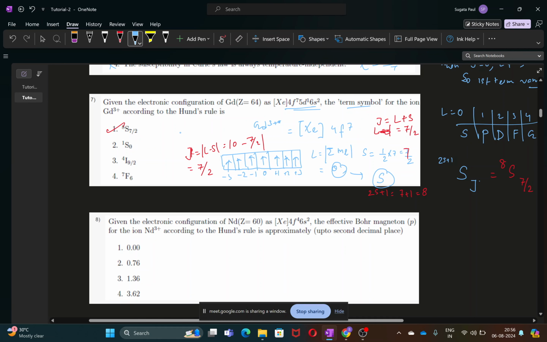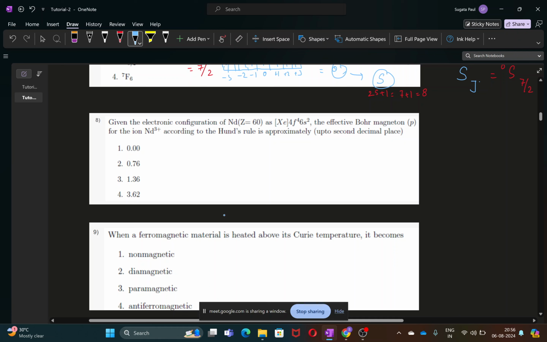Now question number 8, again you have to get, according to Hund's rule, the number of effective Bohr magnetons. So the initial process is the same, only you have to know the formula for Bohr magneton. Basically, effective Bohr magneton is the count of the number of Bohr magnetons present in the total effective magnetic moment in the system.